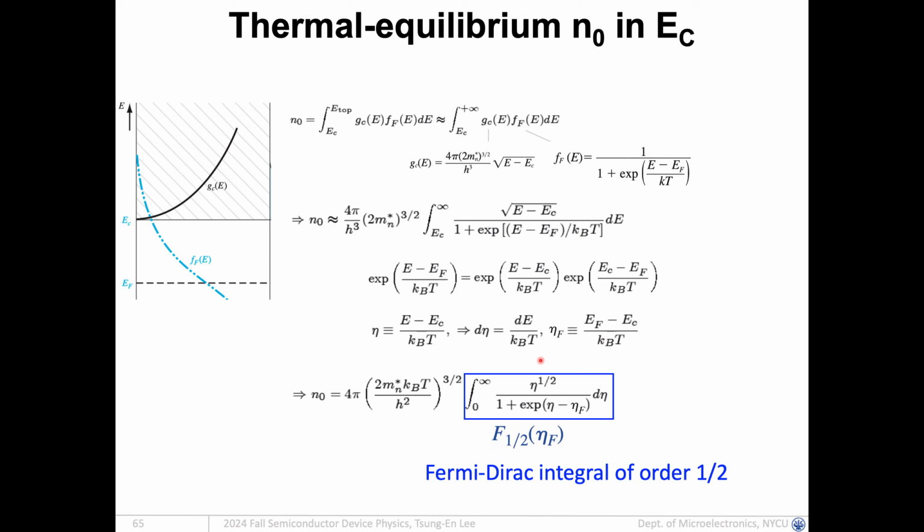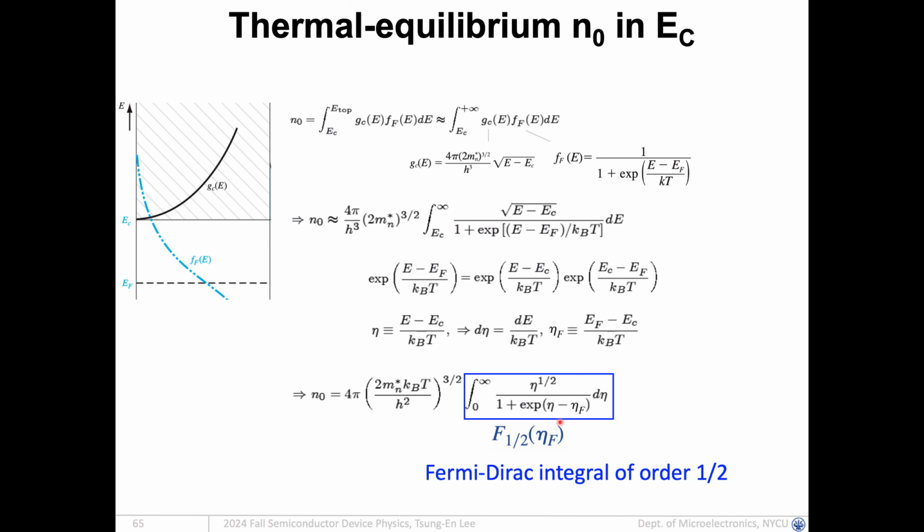However, the issue is that we call it a Fermi-Dirac integral of order one-half. This eta F cannot be solved using this equation. We need to use a numerical way to estimate the amount at each energy level.